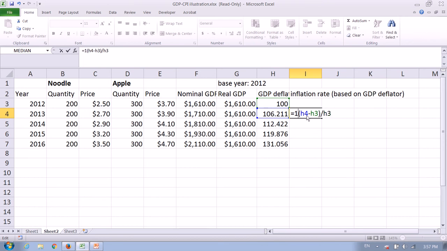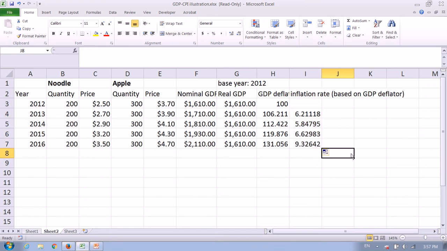So from 2012 to 2013, the GDP deflator increased by 62%. Similarly, okay, so that's the real GDP, nominal GDP, and the GDP deflator.